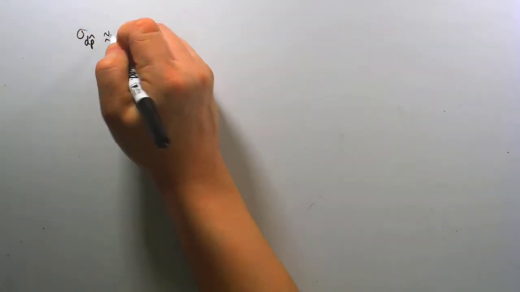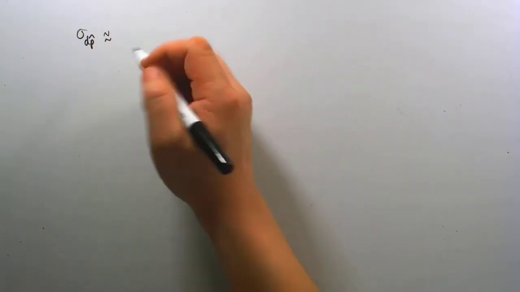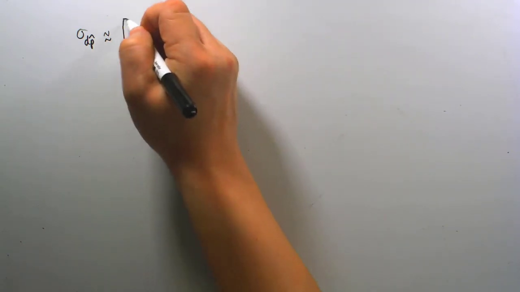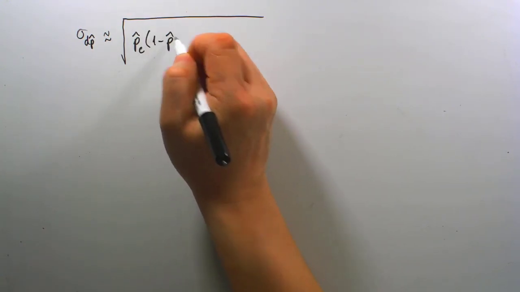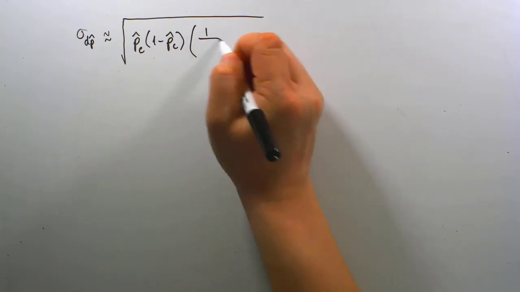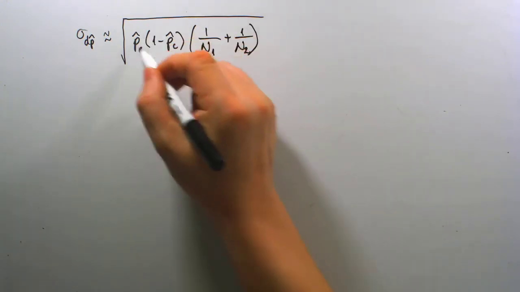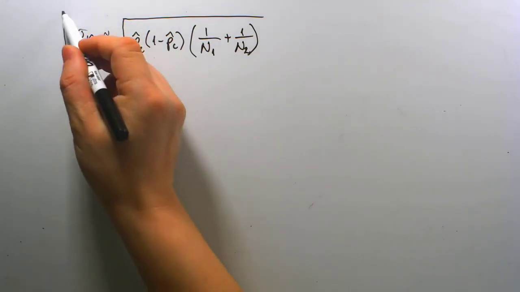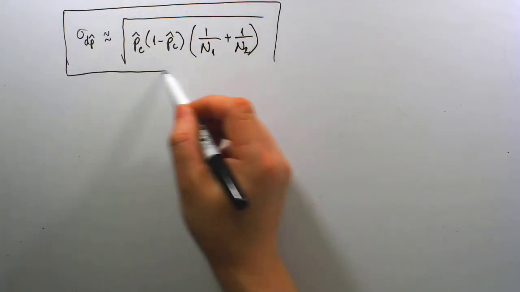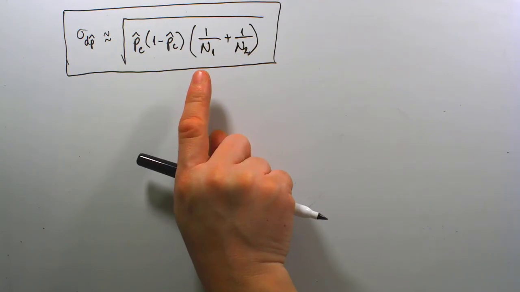Throughout all of these hypothesis tests for comparing two population proportions, sigma dp hat can be approximated by p hat c times 1 minus p hat c, multiplied by 1 over n1 plus 1 over n2, and the entire lengthy expression is put inside a square root. This will always be the same formula anytime we're comparing two population proportions, given that they are independent samples.